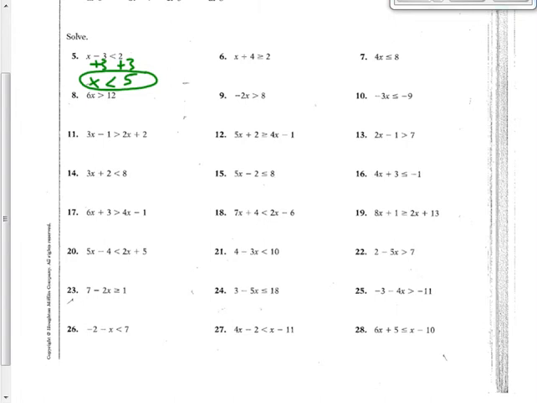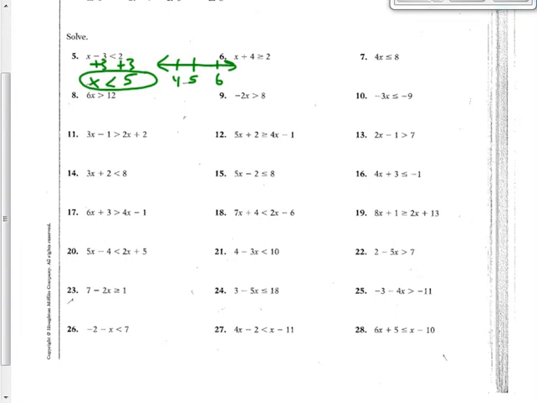Well, what we need to do with this situation is that we're also going to graph these. So, what I want you to do at a minimum is place this number on the number line in the middle, and then I want you to put a number that's bigger than that and a number that's smaller than that. So a number bigger than 5 is 6, a number smaller than 5 is 4.